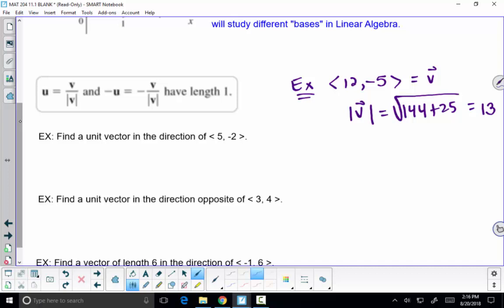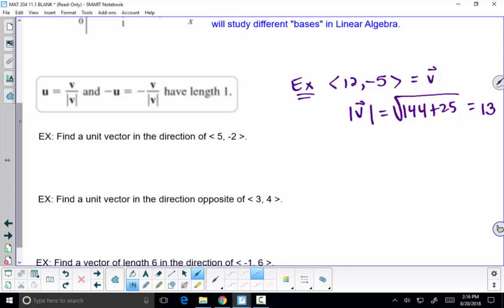And the first question is, we can visualize this vector. We should be seeing it down in quadrant 4. We're going over 12 and then down 5. The idea is, is there a way that we can scale that vector back so it's still pointing in the same exact direction, but it only has a length of 1? This is going to be a really important skill for us.